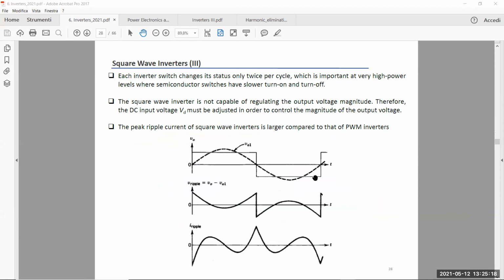And this is done in the first two plots. In the first plots, you can see the output voltage, a square waveform with frequency 1/T1, and the fundamental component. The fundamental component has a peak which is higher than Vd, of course, because we are in the square wave. The difference V0 minus V01 is the ripple, and the ripple has this behavior here.